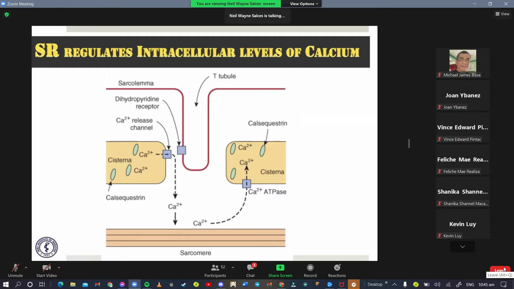So the release of calcium from your calcium release channel into the cytosol will be responsible for initiation of contraction. Subsequently, your calcium is pumped back into the cisternae of the sarcoplasmic reticulum by your calcium ATPase, or your calcium pump, and stored there, in part bound to your calsequestrin.